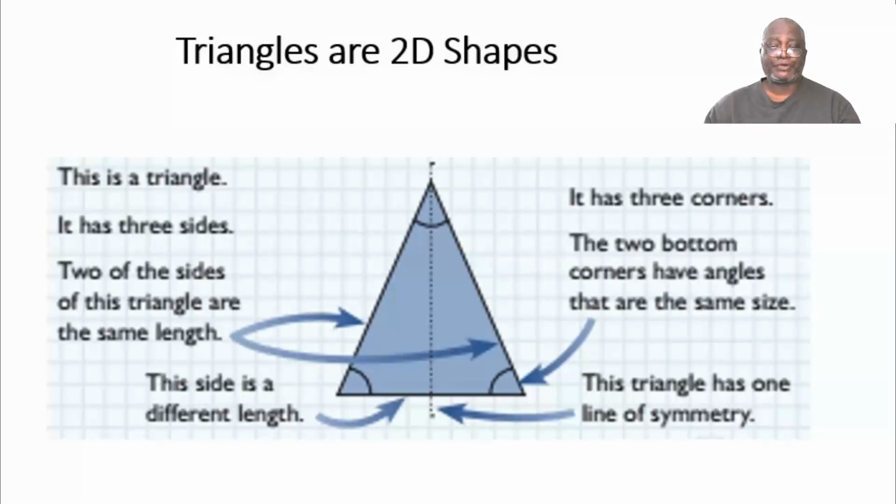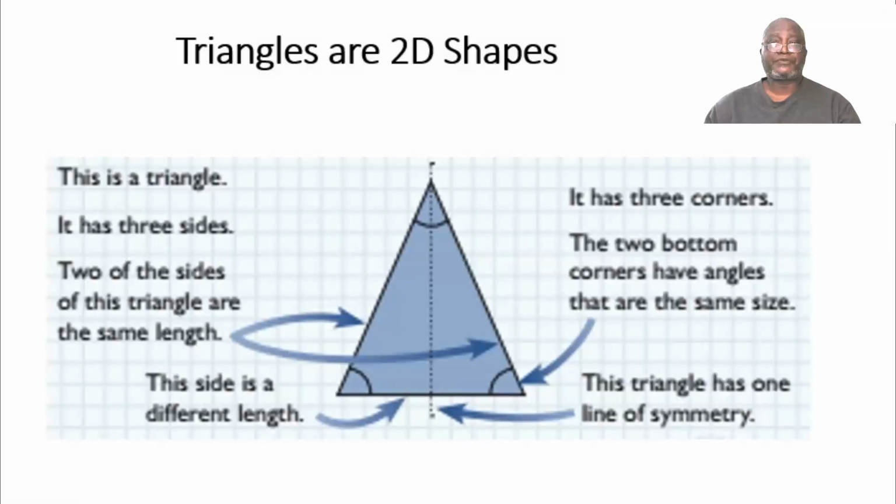This triangle has two equal angles at the base, but the top angle is different. It has one line of symmetry. Two sides are equal, the two top sides that meet at the top, but the bottom line is of a different length.